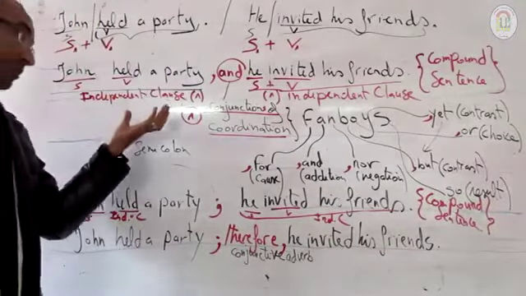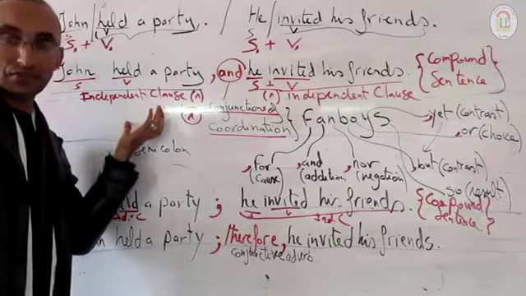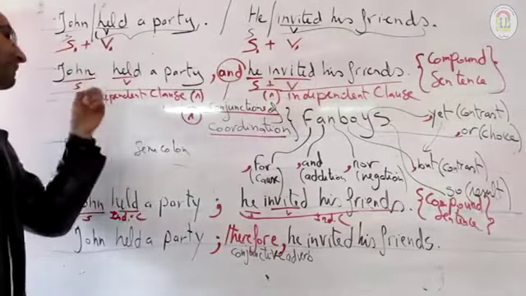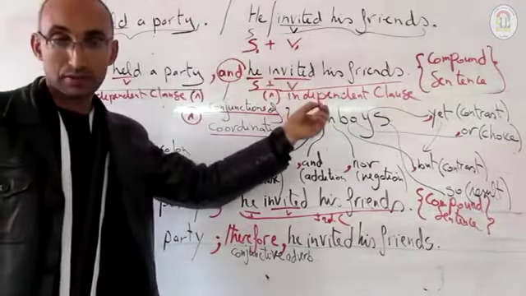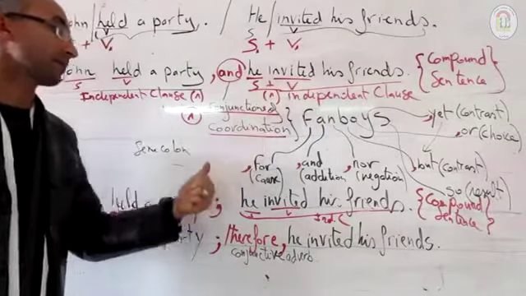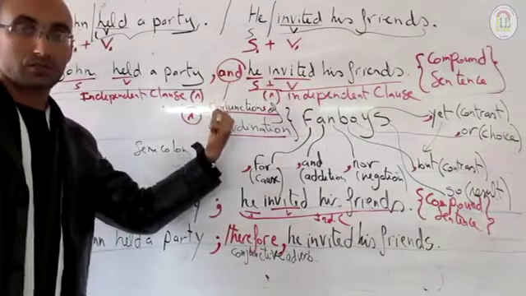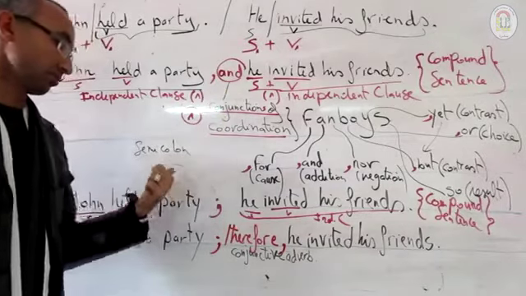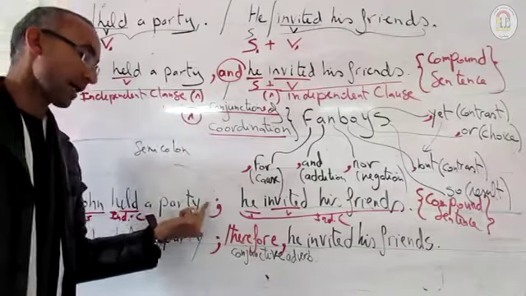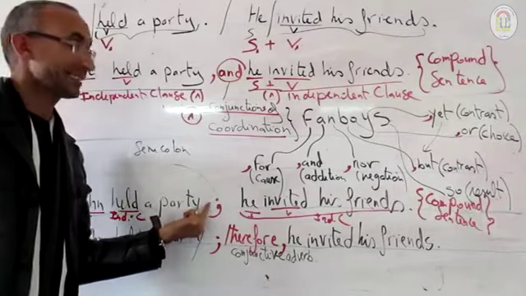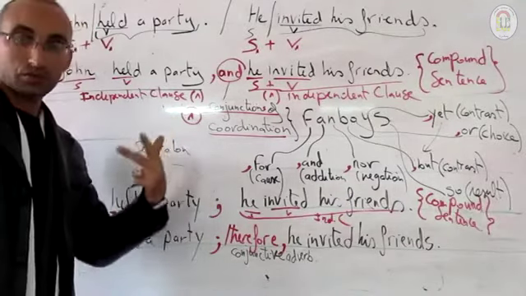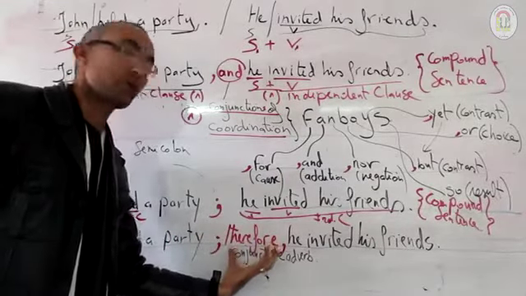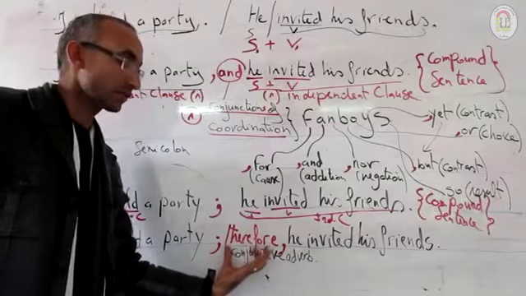So, the compound sentence consists of two or more independent clauses joined either by one of the fanboys, conjunctions of coordination, or by a semicolon instead, or by a conjunctive adverb.